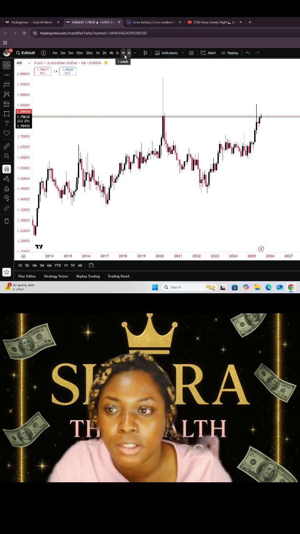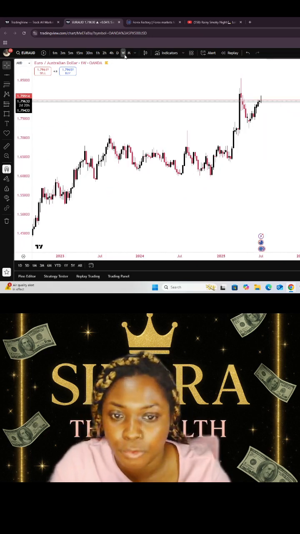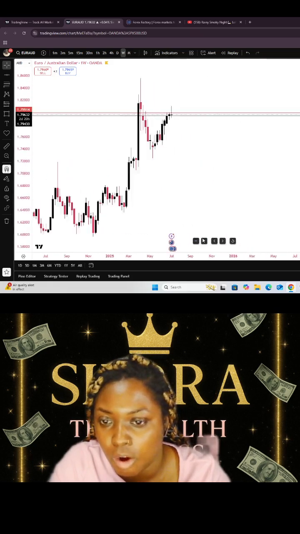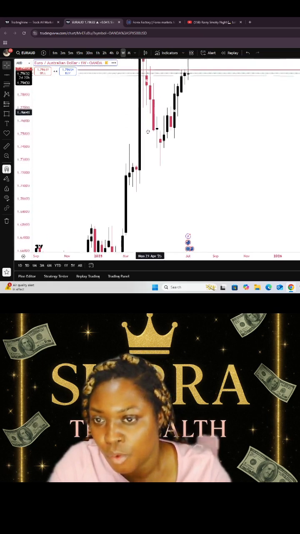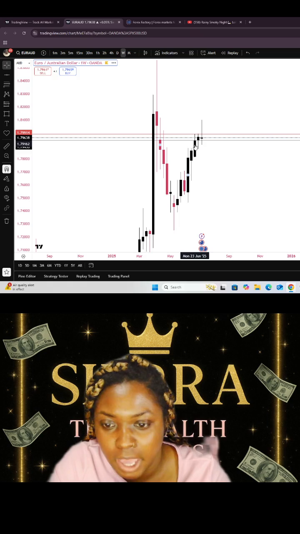So now I'm going to come down to my weekly. And if we look at our weekly, we can see how last week and the week before last, price came up to this area and it rejected.